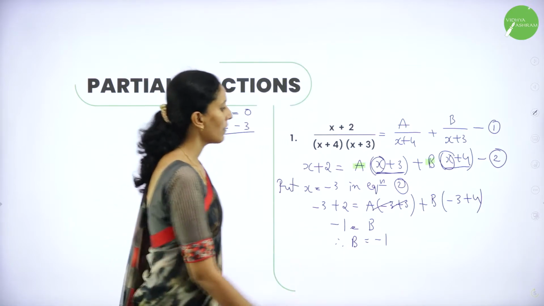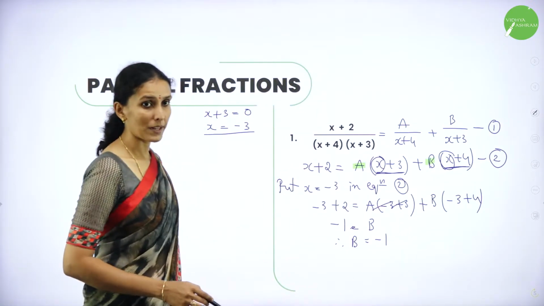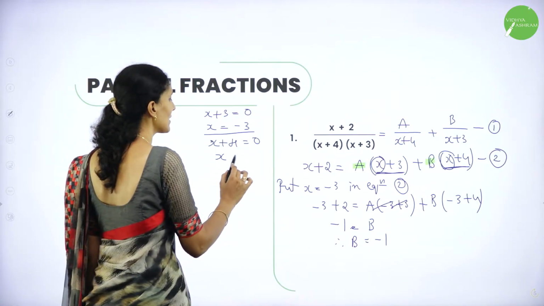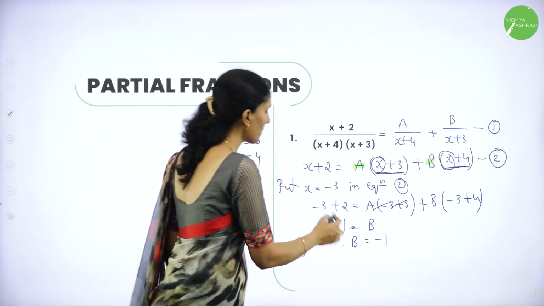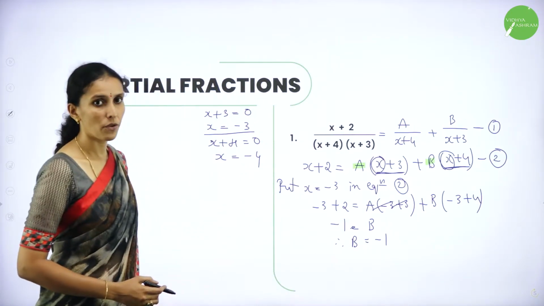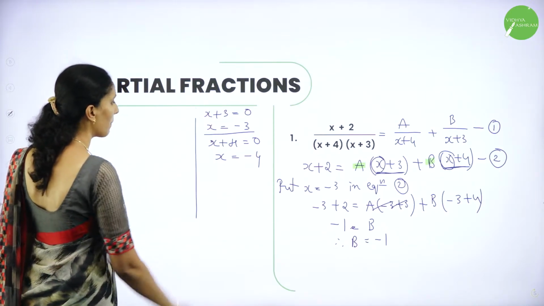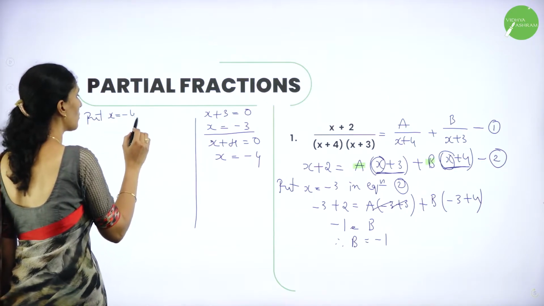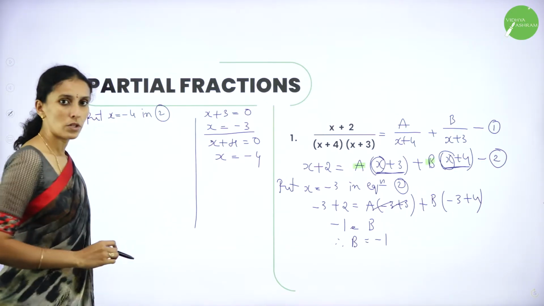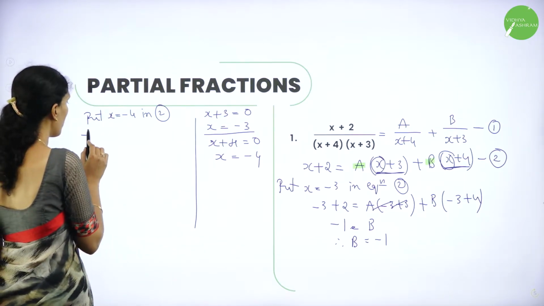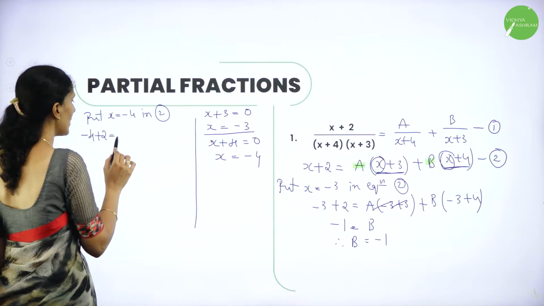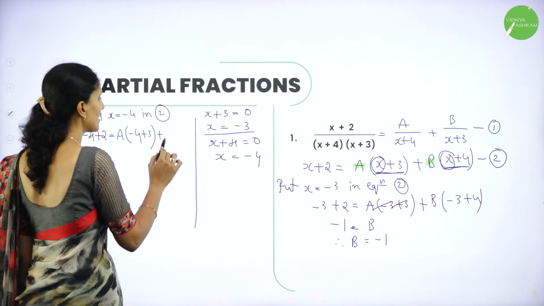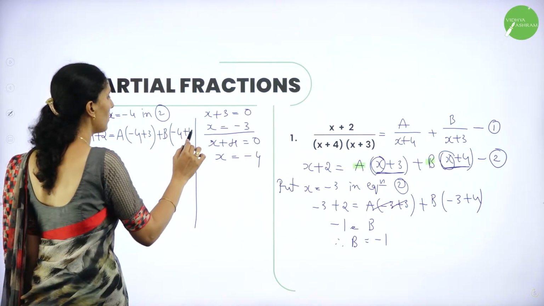Minus 1. In the same way, we have one more linear factor, that is x plus 4. If I equate x plus 4 to 0, what do I get? x is equal to minus 4. I'll substitute x is equal to minus 4 in equation 2. So I'll get minus 4 plus 2 is equal to A into (minus 4 plus 3) plus B into (minus 4 plus 4).